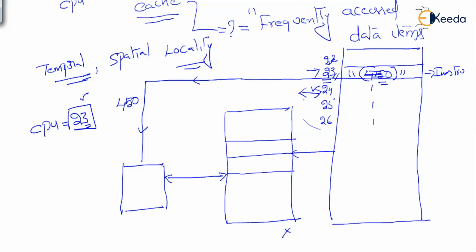For that reason, rather than sending only the currently accessed data element into the cache, we transfer a group of data elements, let us say a block, to the cache. Obviously in instruction access, after the 23rd address there will be a 24th instruction. So a block of data elements will get transferred to the cache whenever there is a miss. This concept is called spatial locality of reference. This is all about locality of reference.